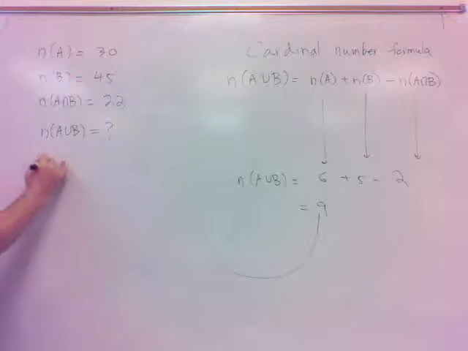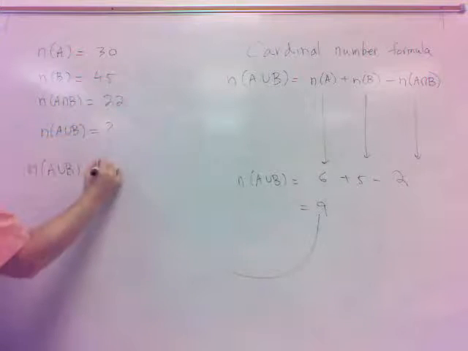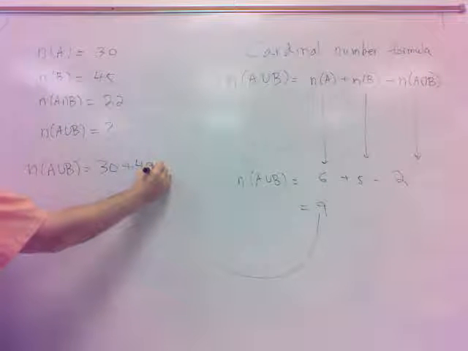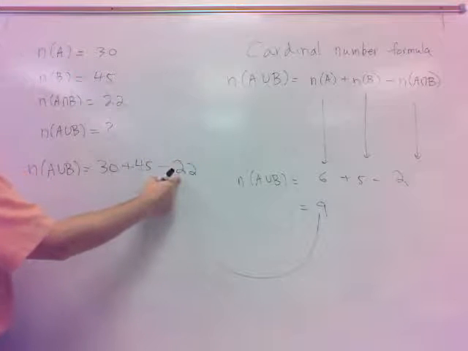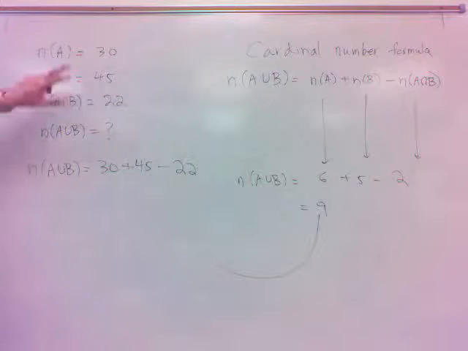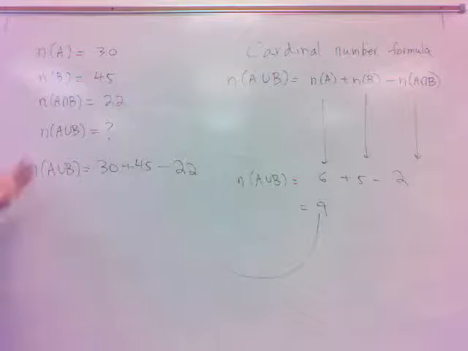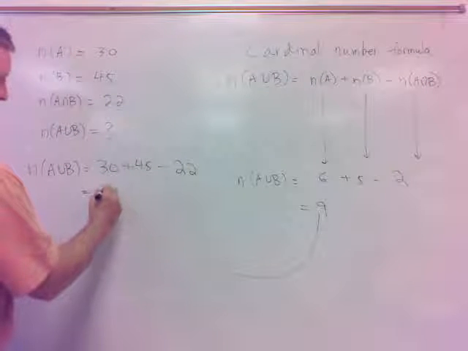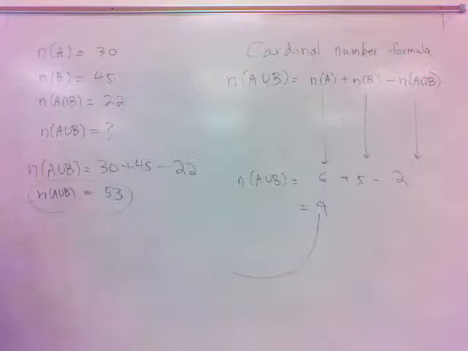I'd take the number in A, which is 30, add to it the number in B, which is 75, but what else do I need? Then subtract the 22, the number in the intersection. So if I add the number in A and B and subtract the 22, that's going to tell me, without even knowing the sets, how many are in the union. 75 minus 22 is 53. Okay?